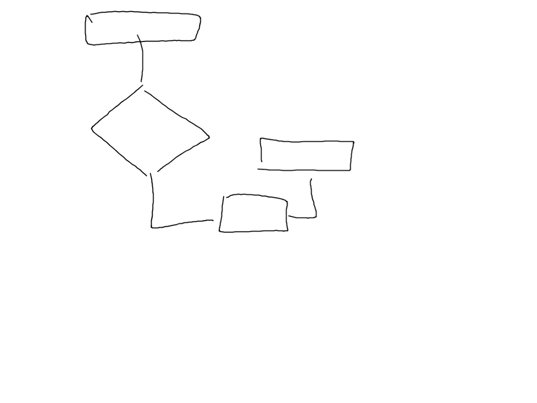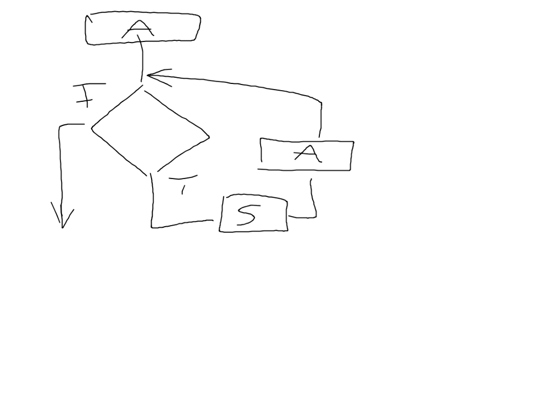Let's do the primer as well. And this is the exit out of it when it becomes false. This is true. And then we loop back. Let's call this A. So we're going to update A, and maybe we're going to have statements, and this is where our logic is.